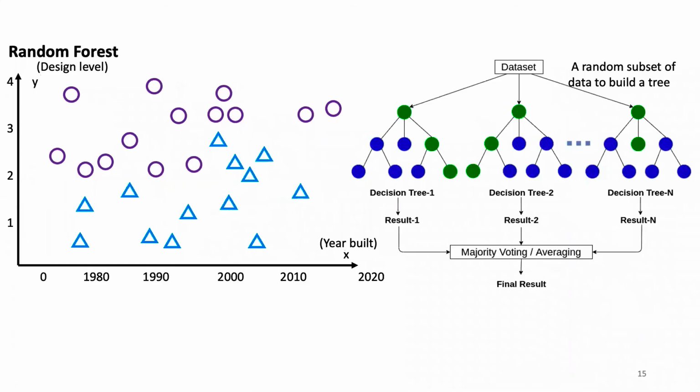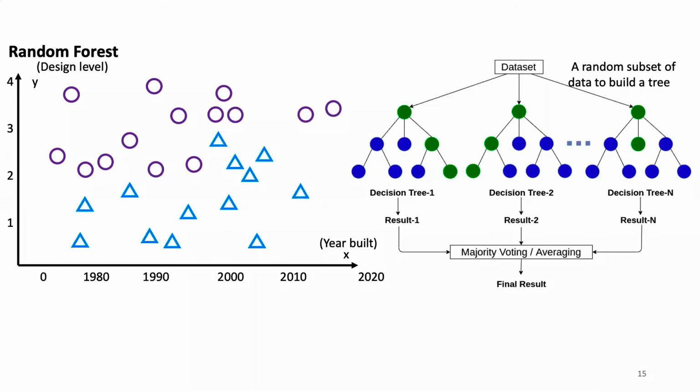And based on the decision tree, we can introduce random forest. It is a method that is built based on the decision tree approach. Instead of building only one decision tree that is trained on the whole data set, the random forest, like its name implies, consists of a large number of individual decision trees that operate as an ensemble.